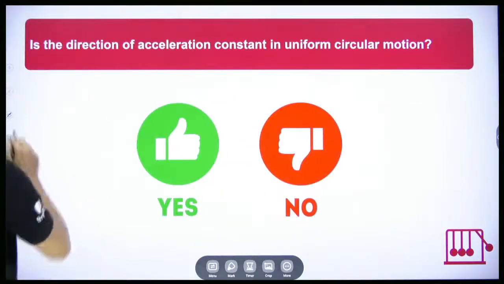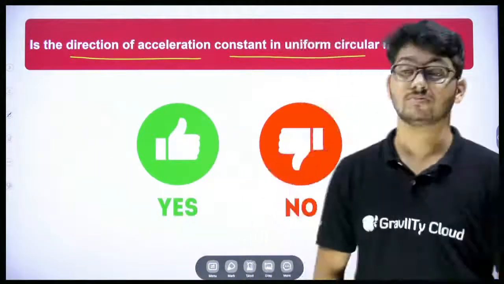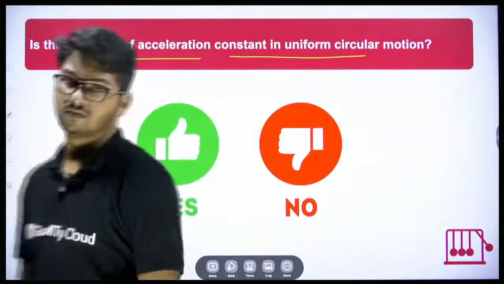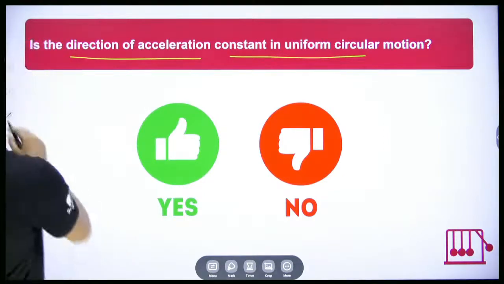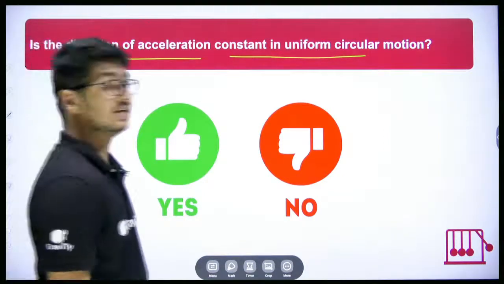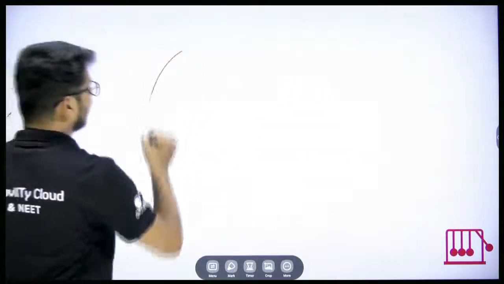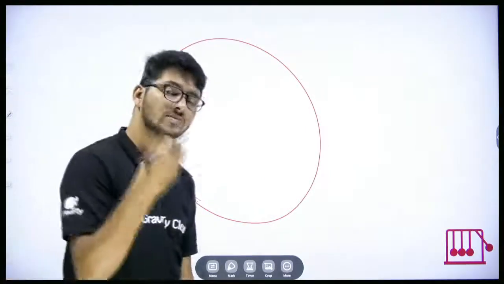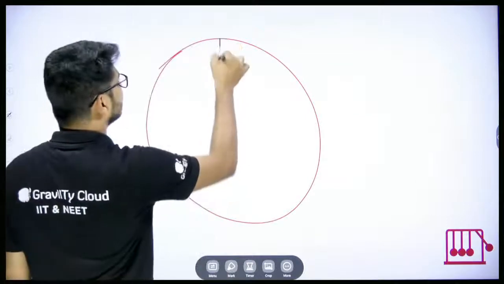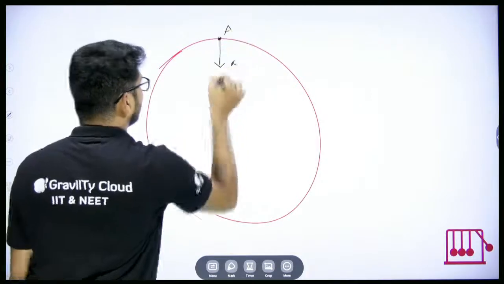Okay, that's good. So let's come back to the question here. Is the direction of acceleration constant in uniform circular motion? Yes or no? What do you think? And the answer is no. Why? Because again, if I take a circle, we know that in uniform circular motion, acceleration is along the radius towards the center. That means at point A, it is something like this.